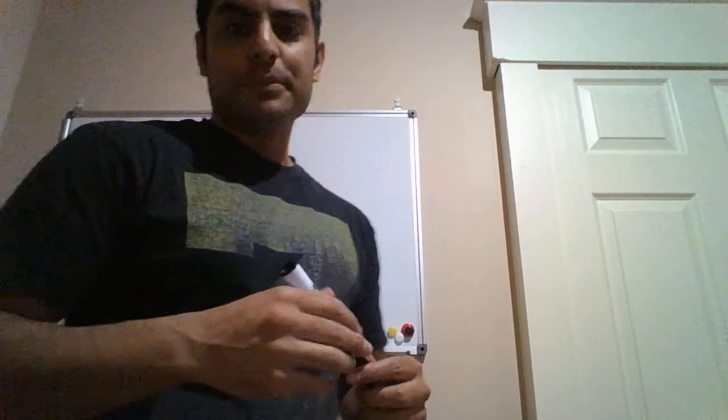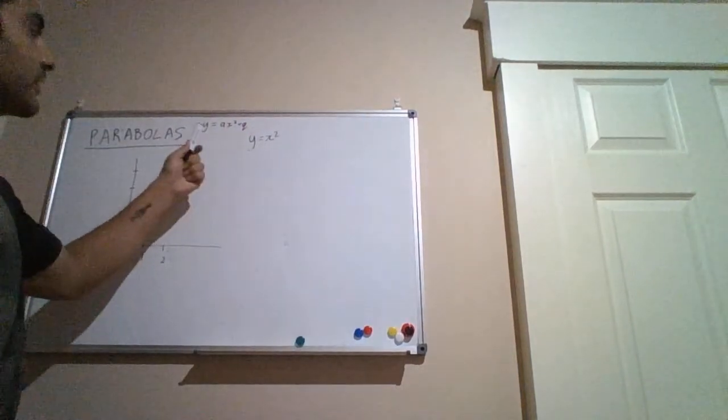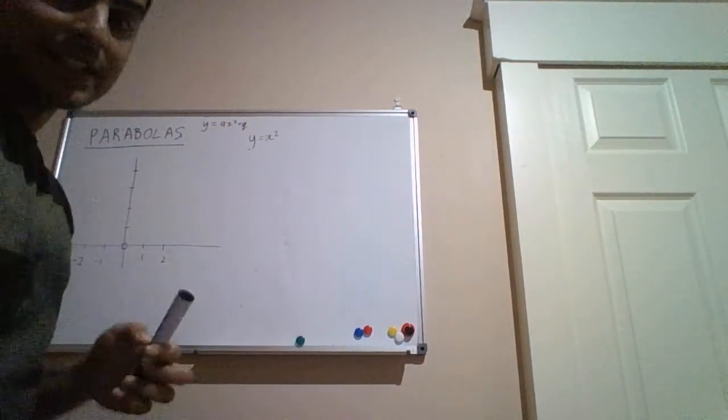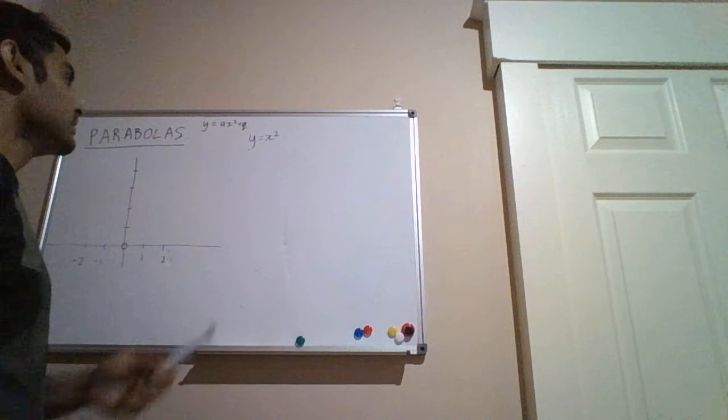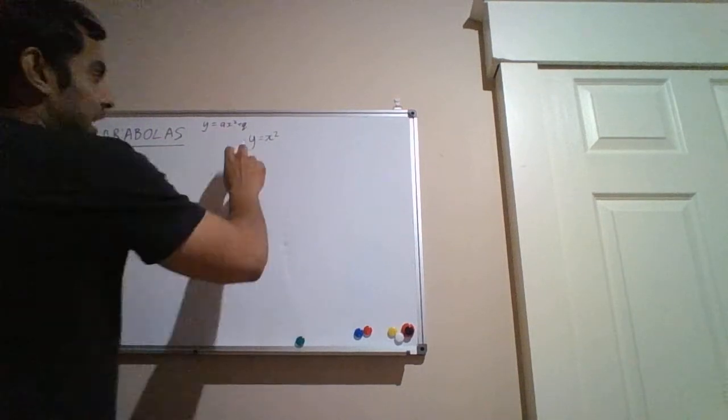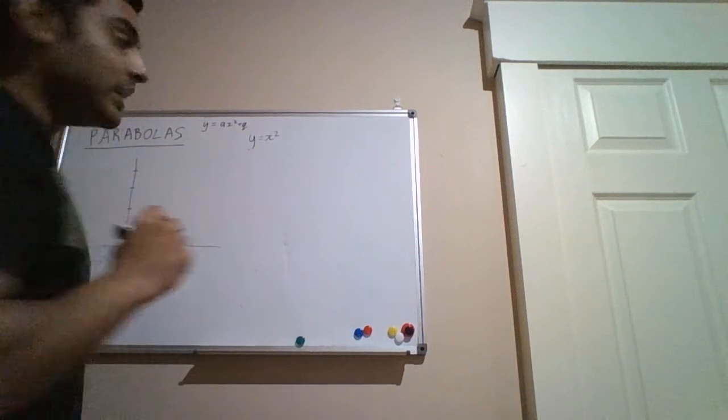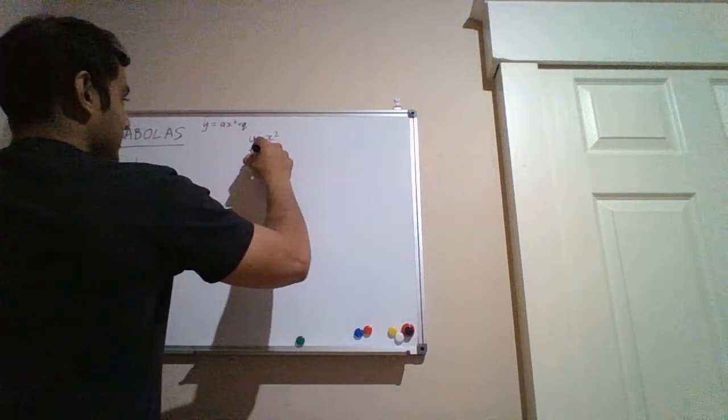Okay, so next up, I want us to look at the parameter q. Just to refresh, our general equation is y equals ax squared plus q. So our general parabola y equals x squared, let me just rewrite the points.